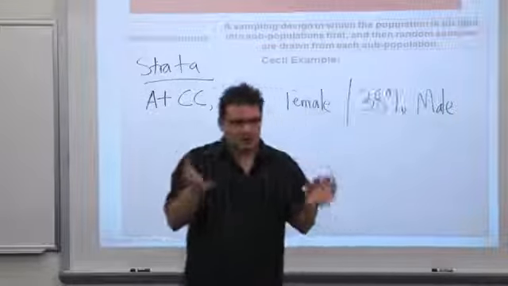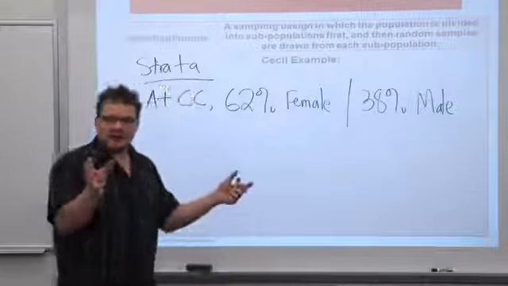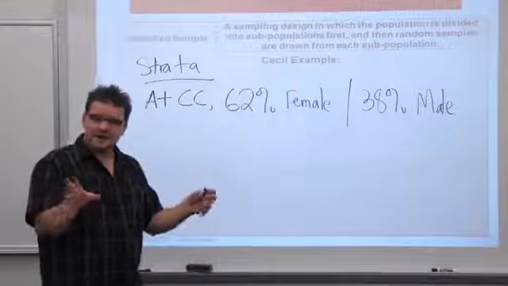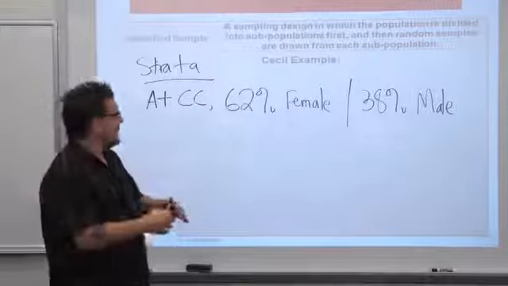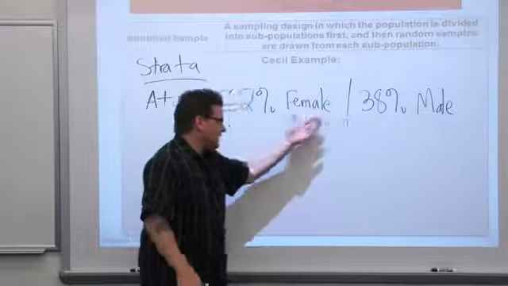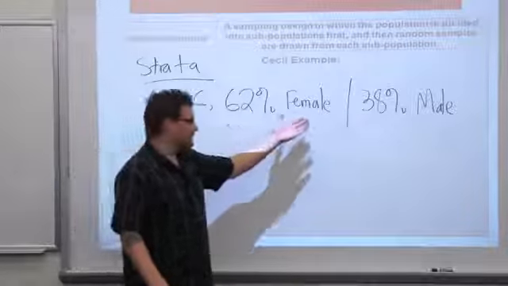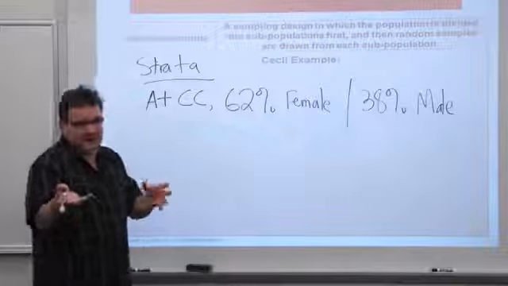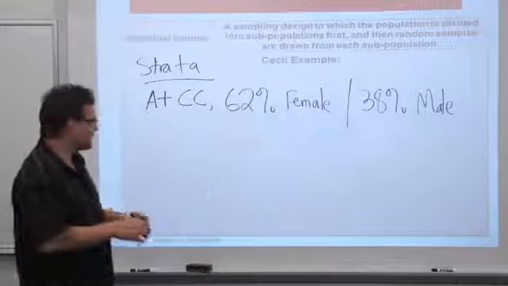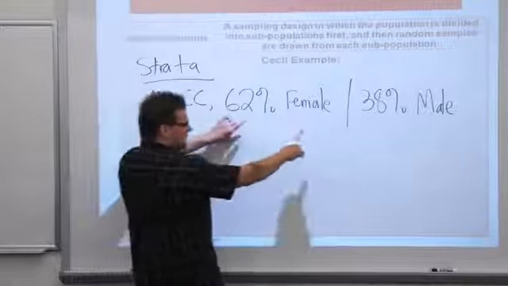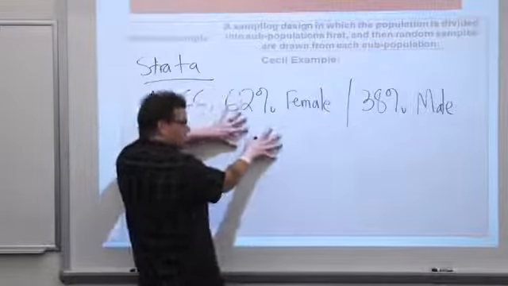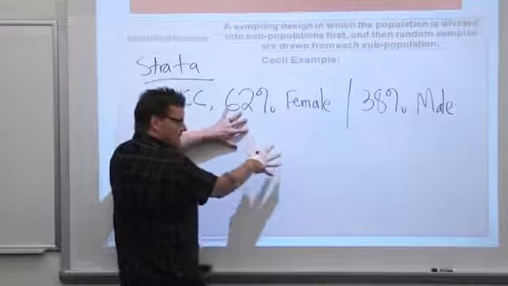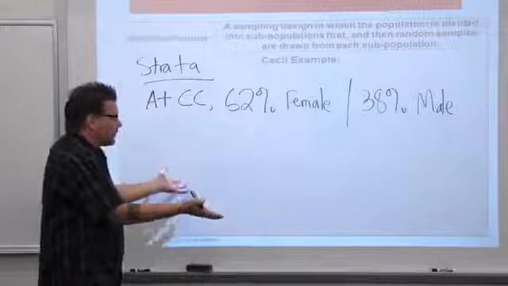If I took a true simple random sample, could you imagine that for my 200 students, possibly through luck, I might not get a mix that's exactly 62% female, 38% male. I could have a lot more females just by the draw of the names by the computer. But if it's important to have 62% female in my sample, and why might it be important?